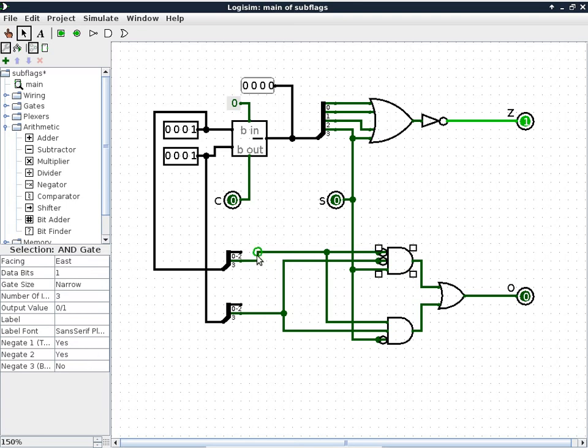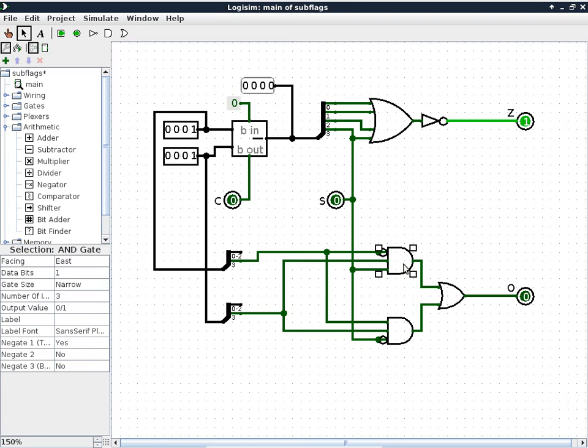The first input comes from the first number, the second input comes from the second number. So we can modify this so that we are now subtracting a non-negative value from a negative value. So if we're subtracting a non-negative value from a negative value and the result is non-negative, then the sign does not make sense.